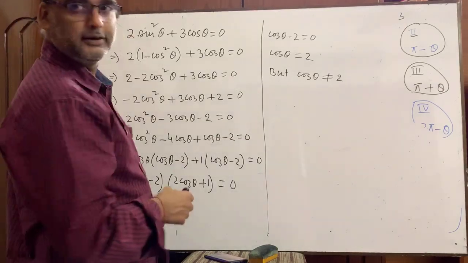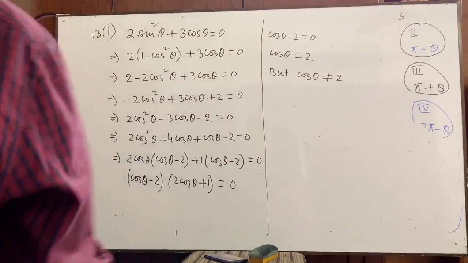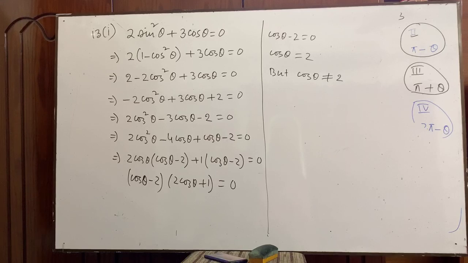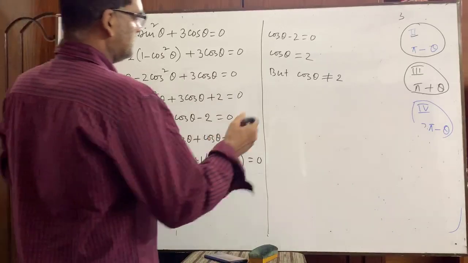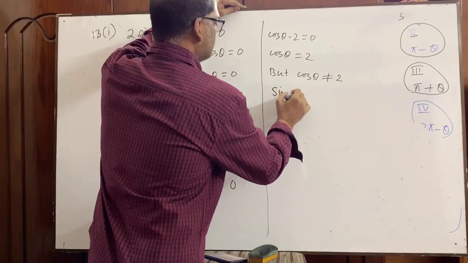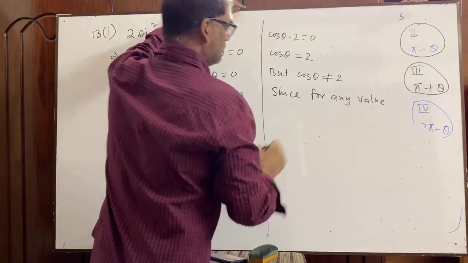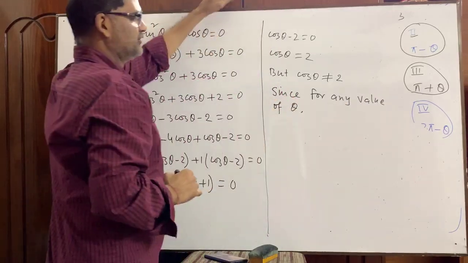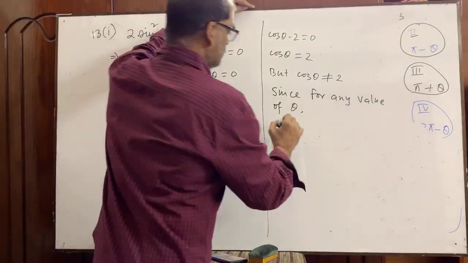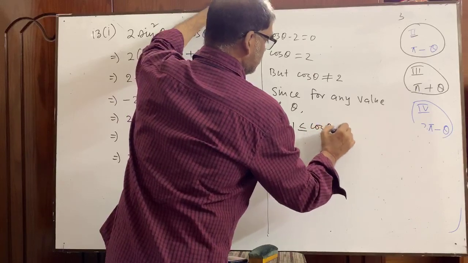I am writing. You please write down. Since for any value of theta, -1 less than equal to cos theta less than equal to 1.